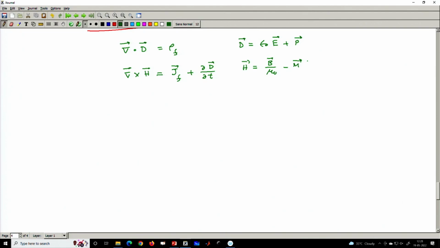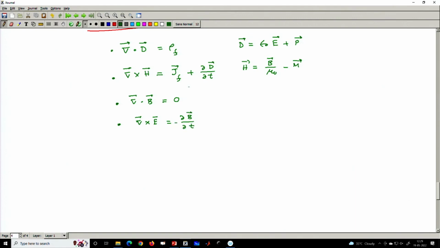So these are the two equations that we modified, the equations having source terms. The other two equations, like divergence of B equal to 0, remain the same, and the equation curl of E equal to minus del B del t also remains intact.